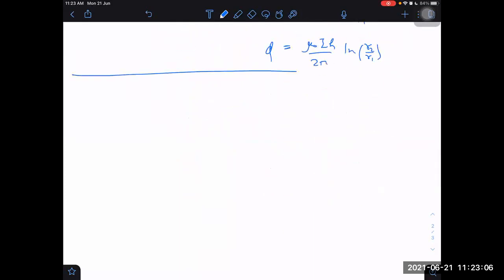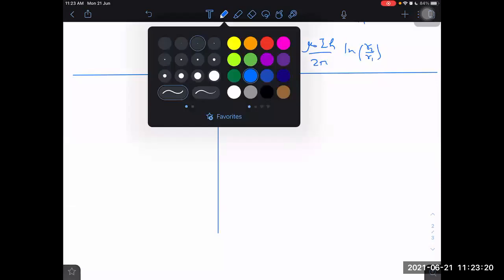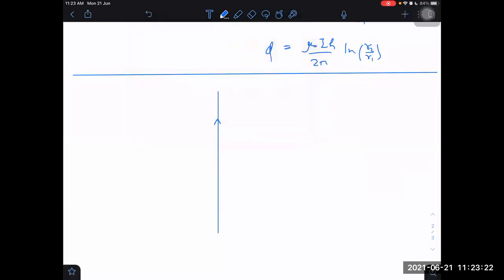Let us take magnetic flux in some other scenario where it is not in the same plane. How to do in that case? Let me give a 3-dimensional view. This is x-axis. Wire is lying along y-axis.